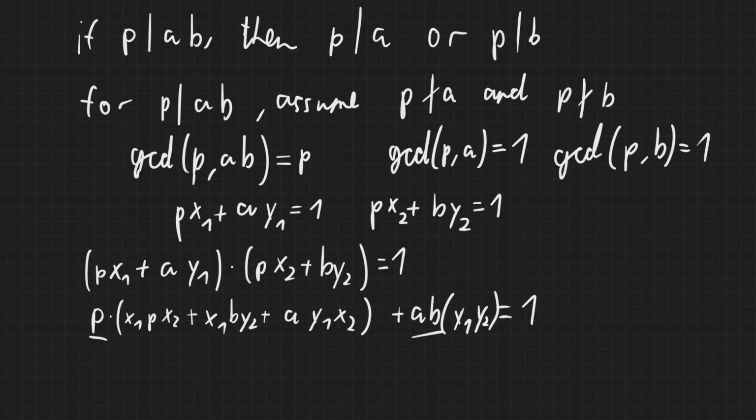So 1 is actually a linear combination of p and a times b, but according to Bezout's identity, the smallest positive linear combination of p and a times b should be p. And this is a contradiction. So our original assumption that p doesn't divide a and p doesn't divide b must be false, and therefore the original lemma must be true.